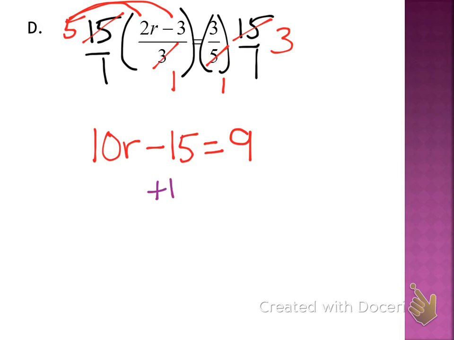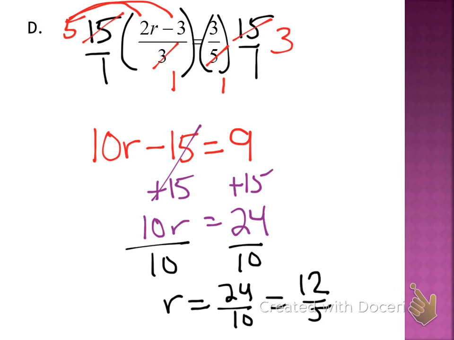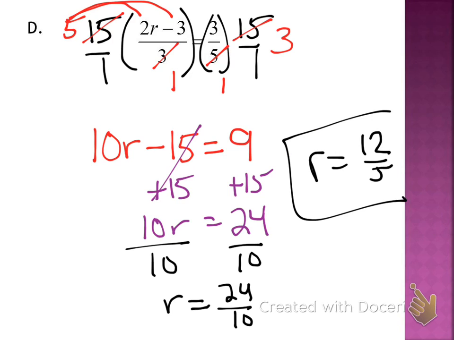Yep, go ahead and add 15 to both sides. 10r equals 24. Good. Which is 12 over 5. Very good.